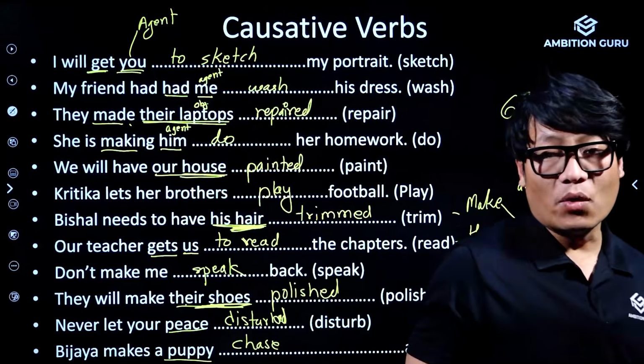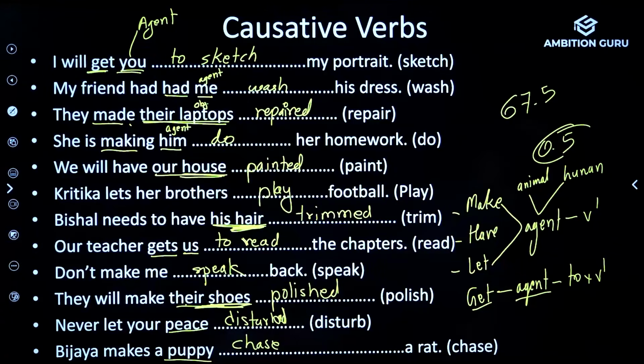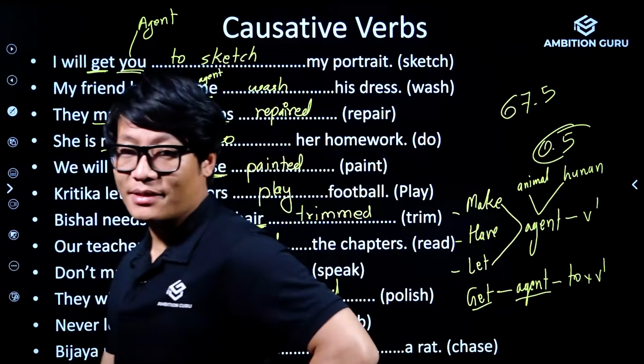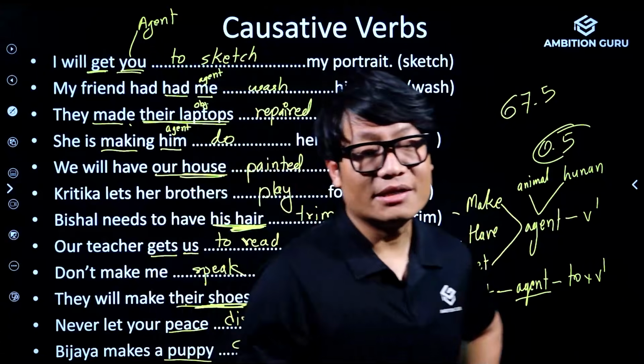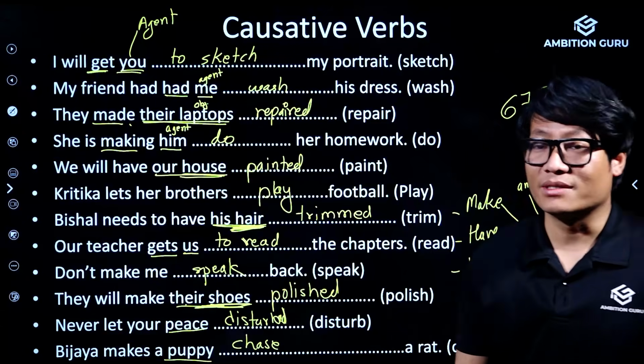Causative verbs are over. Now you can take a screenshot. Oof, we did it. We spent three hours. One example of indirect speech: he asked me why I was there.